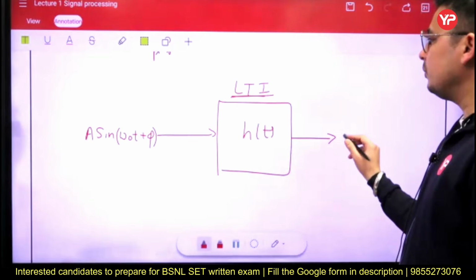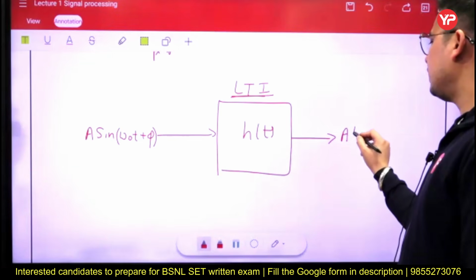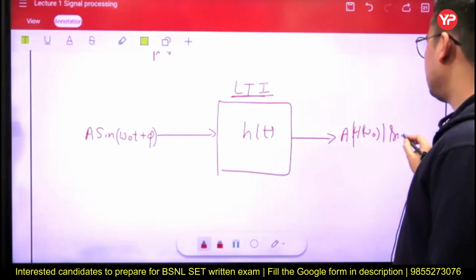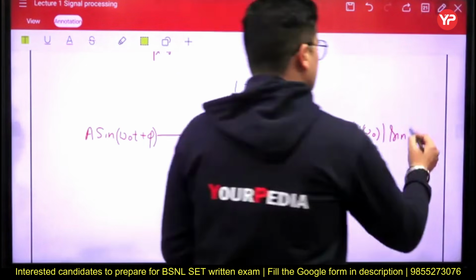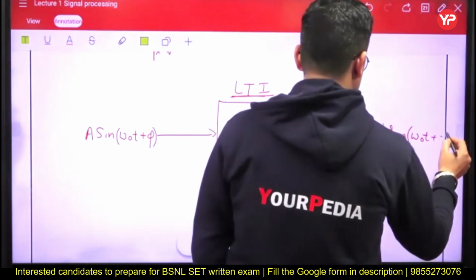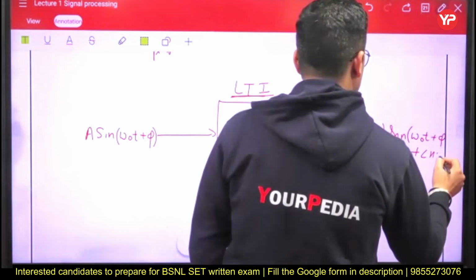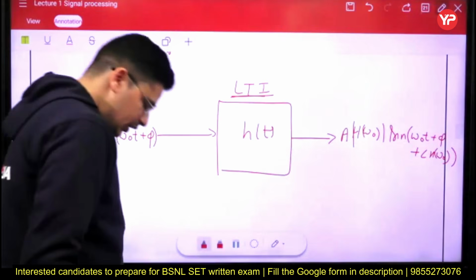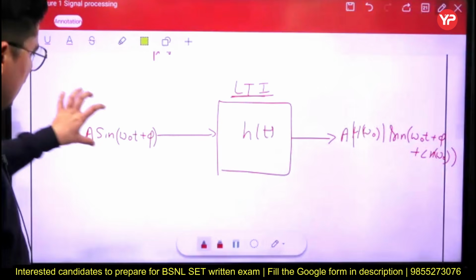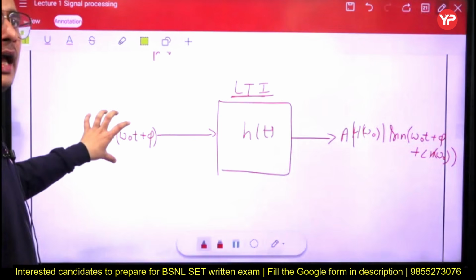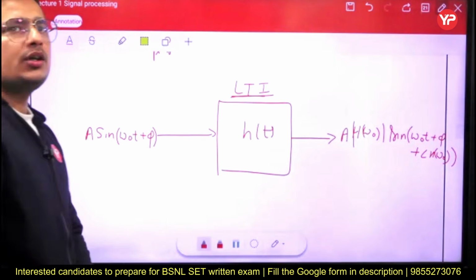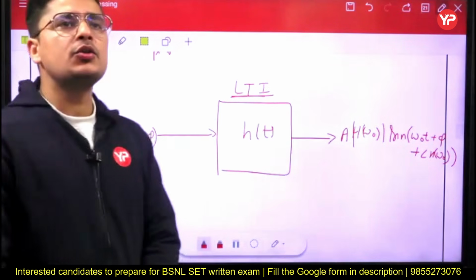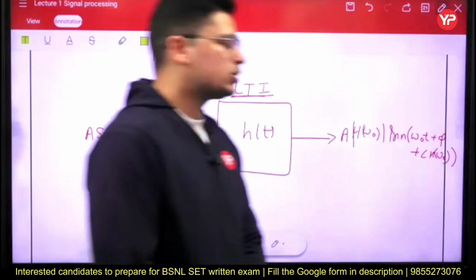So the output of that signal now becomes A times magnitude of H of omega naught, multiplied by sine of omega naught t plus phi as it is, and the phase of H of omega naught is added to that. So just write down one statement here: if you have a sinusoidal signal at the input of an LTI system, its output is also a sinusoidal signal of the same frequency, but its amplitude will change and its phase is also going to change.